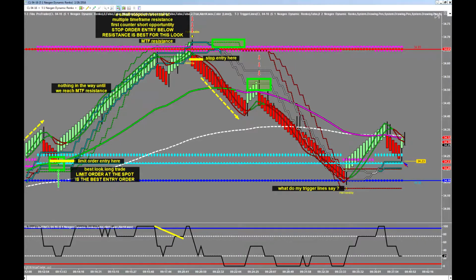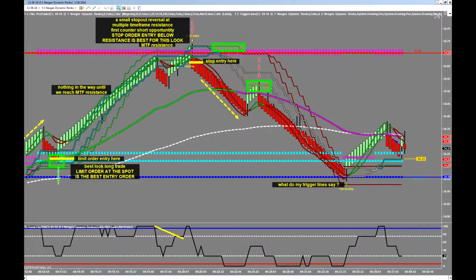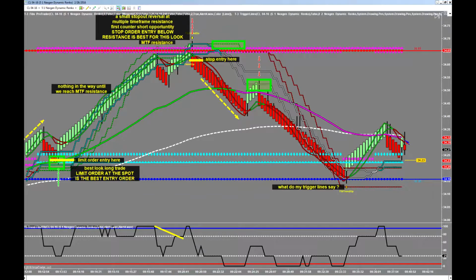If you're long at 25 with a 22 stop, you've only got a few ticks worth of risk. If it goes, great. If it doesn't, you lose a couple ticks, no big deal. Hopefully, we've spent a lot of time on small trigger lines cross strong to the downside and what happens.